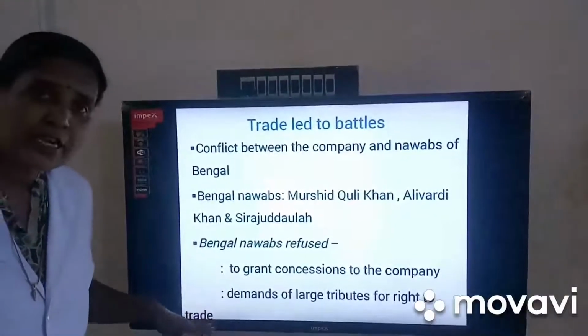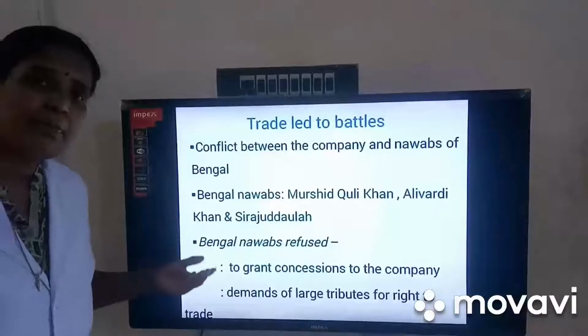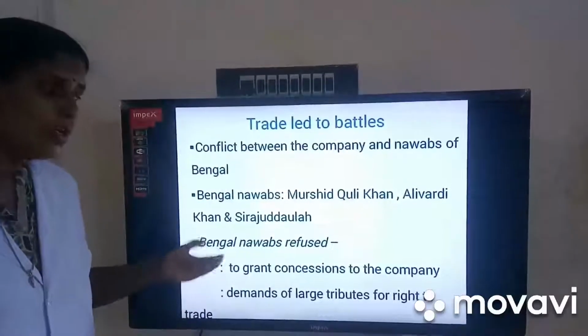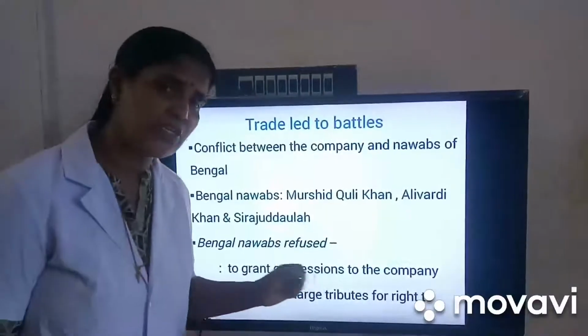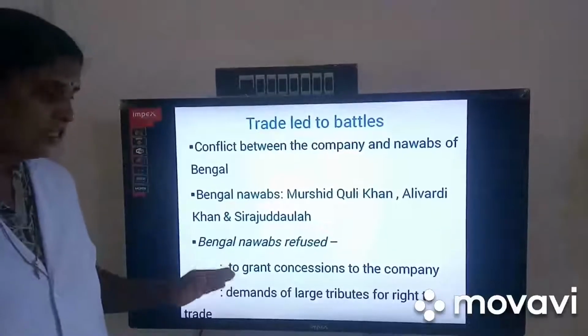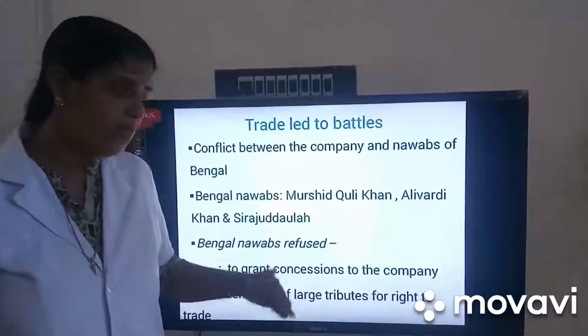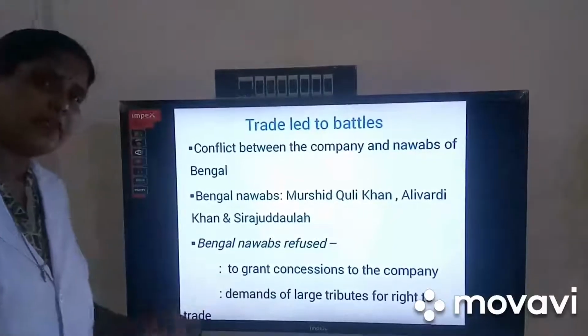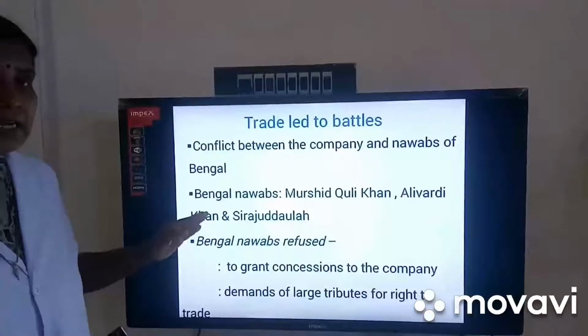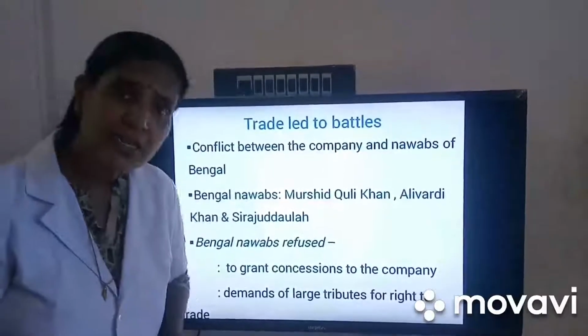The East India Company asked the Bengal Nawab to give more and more concessions, large tributes, and vast areas. For what purpose? For trade purpose. But the Bengal Nawabs were not ready to give this.